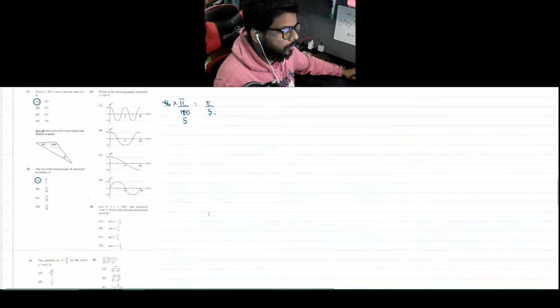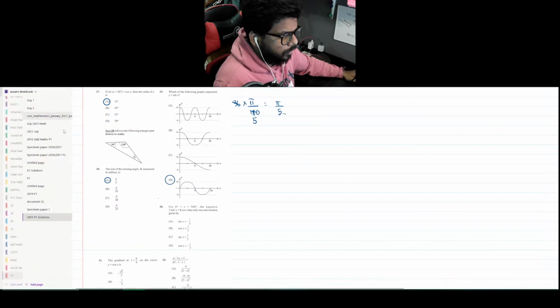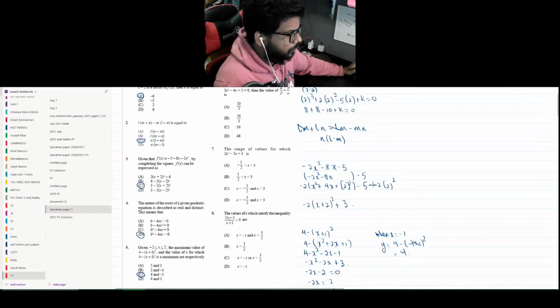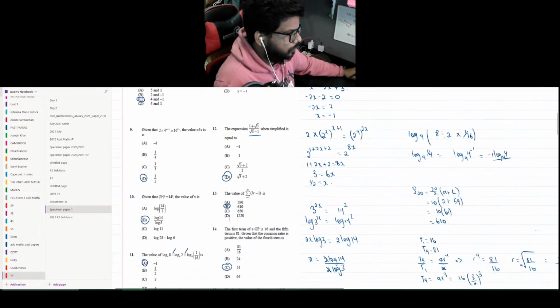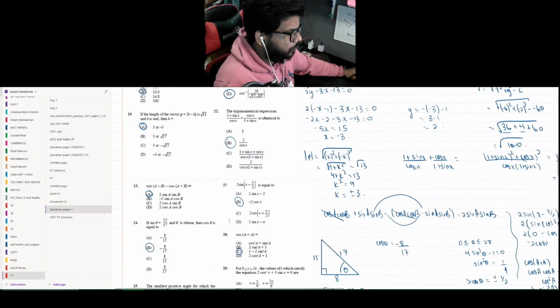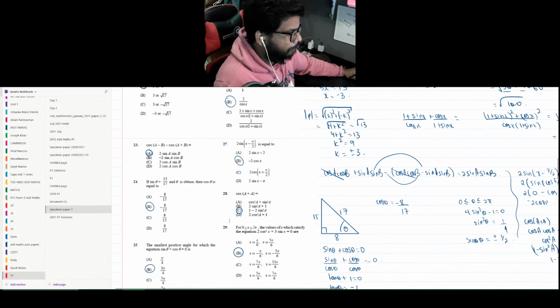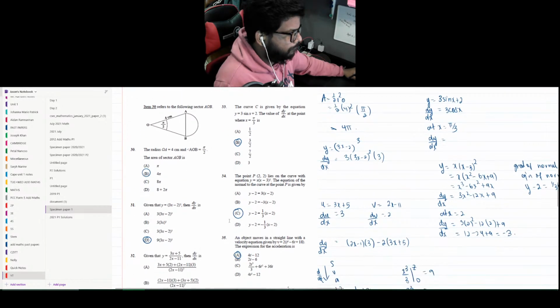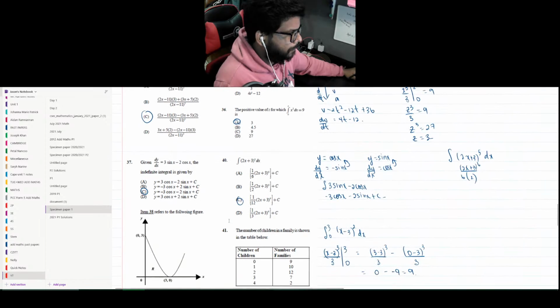29, sine x. For that, the equation that has only one resolution given by. Alright, this is a repeat question as well. I think this was a question from the specimen paper. I'm just checking back. Whatever questions we can avoid, we will avoid now. I know this was a question.